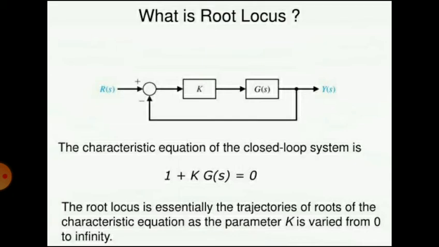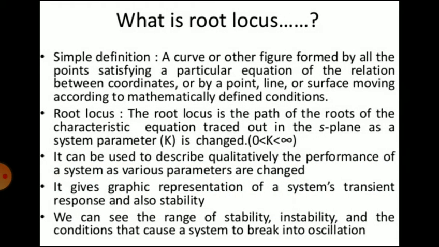The characteristic equation of a closed loop system is 1 plus kG(s) equal to 0 for the given system. The root locus is essentially the trajectories of roots of the characteristic equation as the parameter k is varied from 0 to infinity. When G(s) involves the factor k, which is variable, the roots of the characteristic equation are dependent on the value of k.